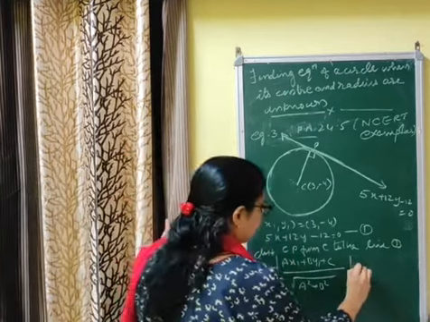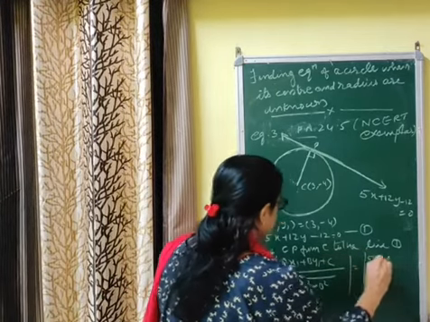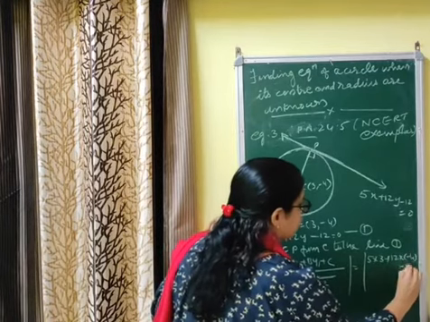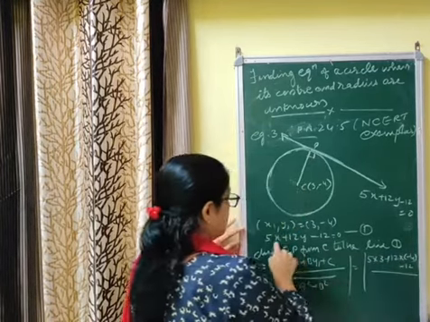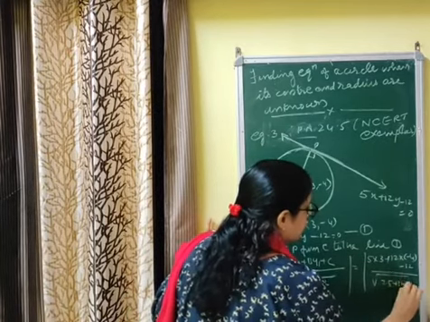That is mod of 5 into 3 plus 12 into minus 4 minus 12 upon root a square plus b square, which is root 25 plus 144.